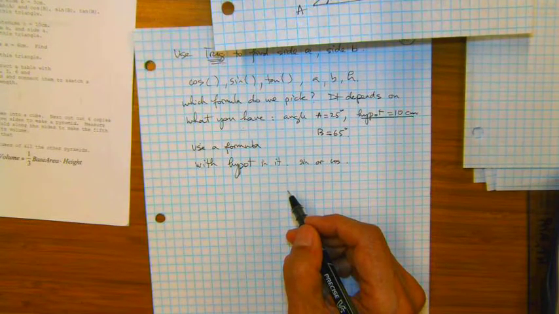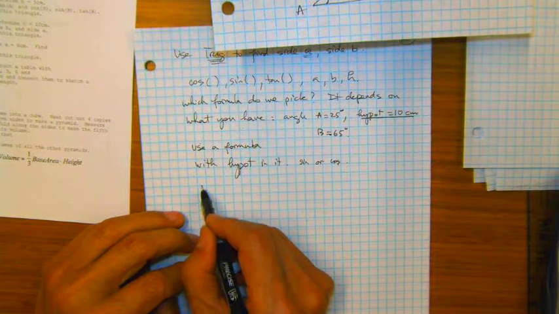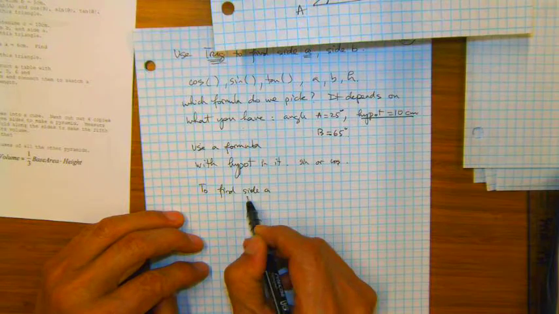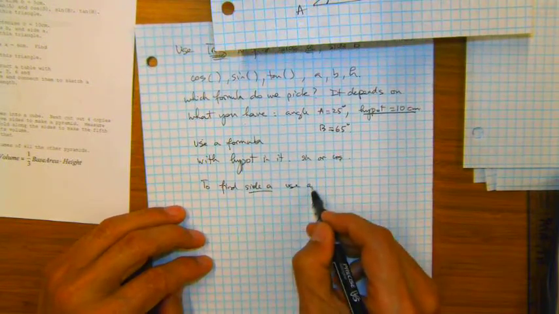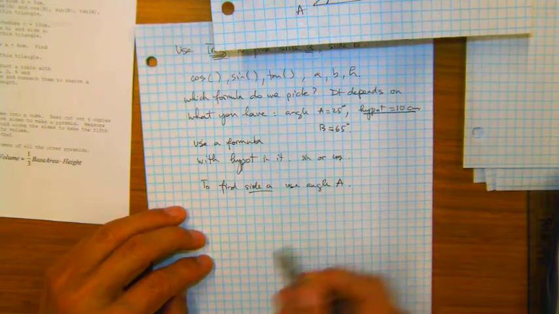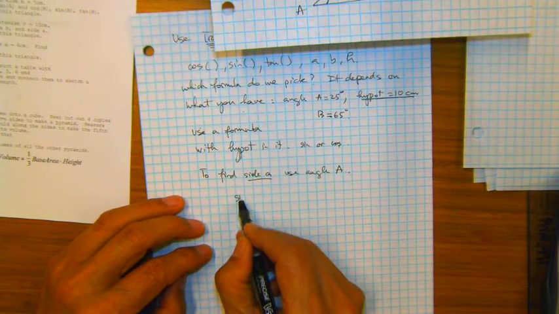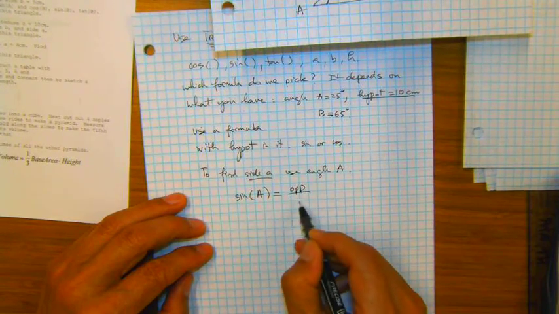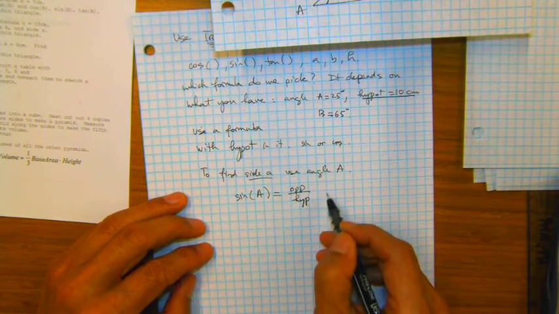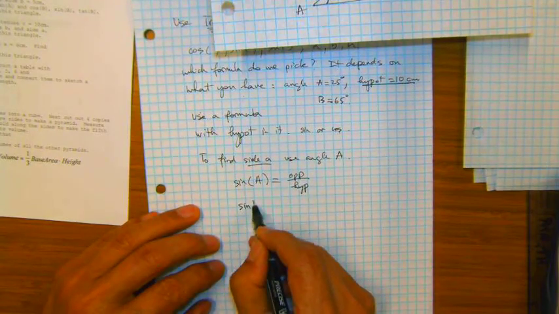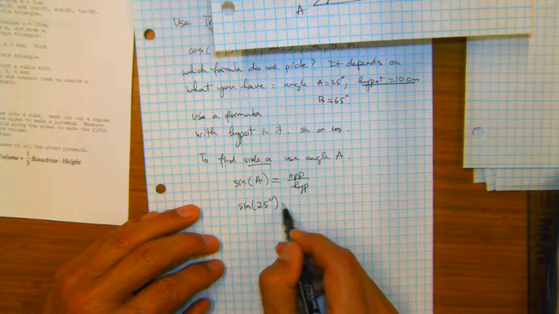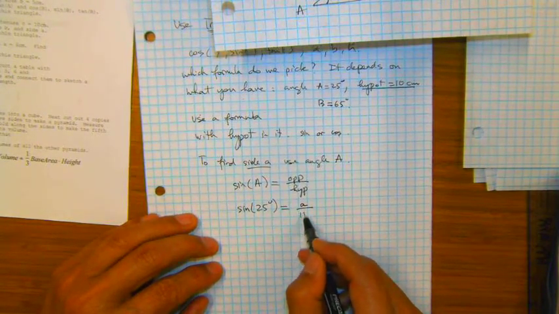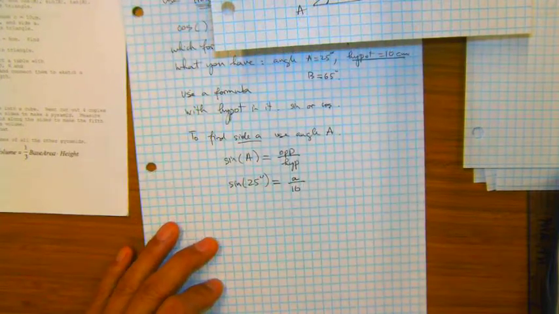Say we want to find side A. So to find side A, use angle A. Sine of angle A is opposite over hypotenuse. And so sine of 25 degrees equals opposite, which is A, over hypotenuse, which is 10 centimeters.